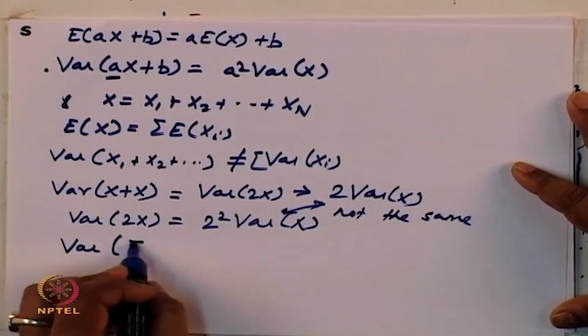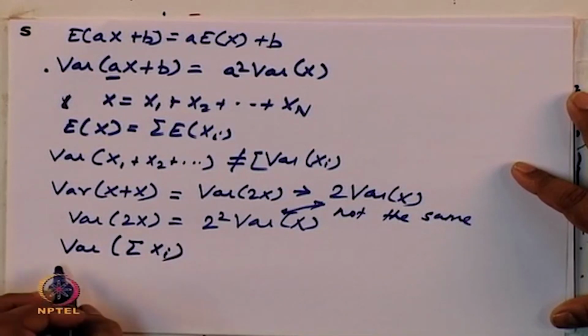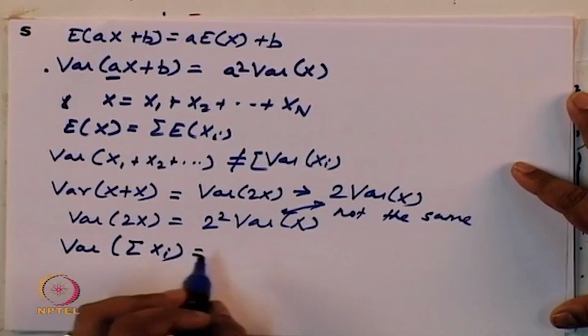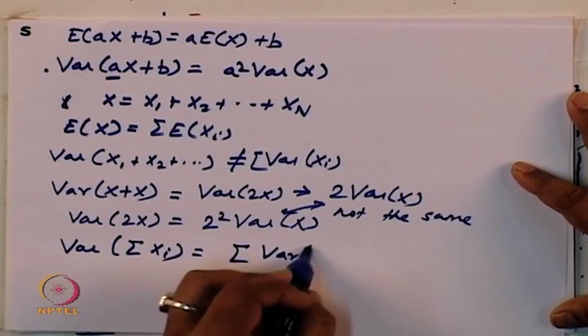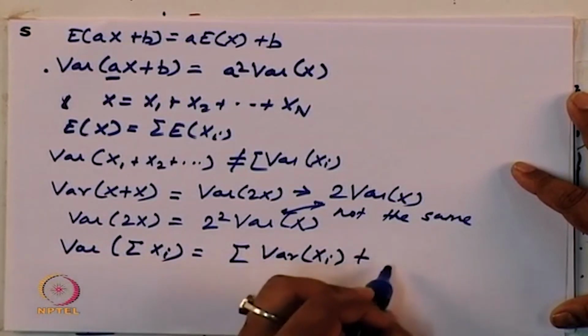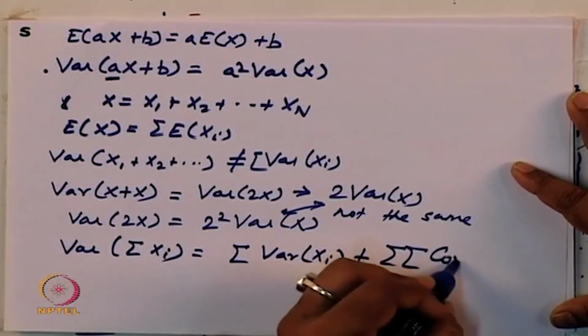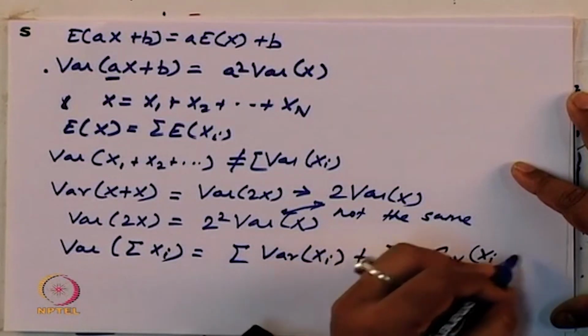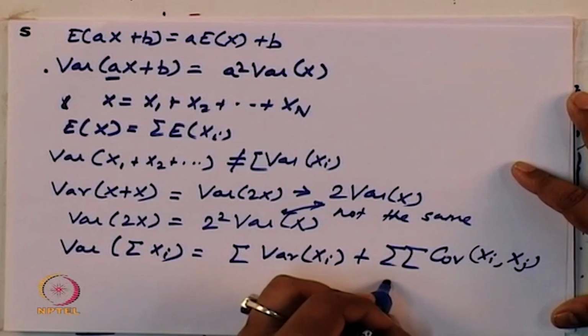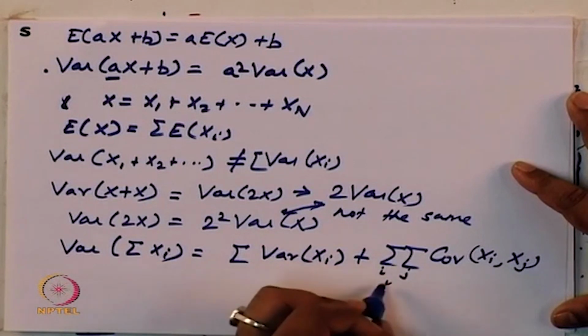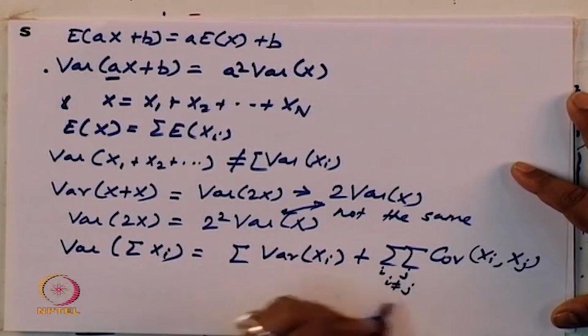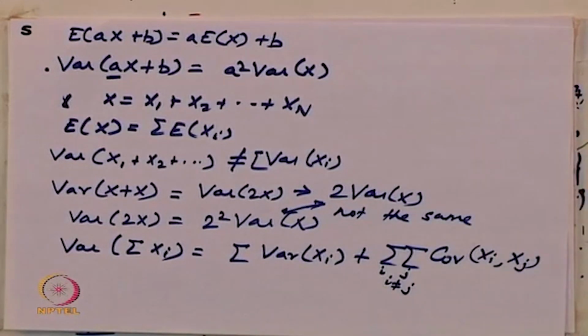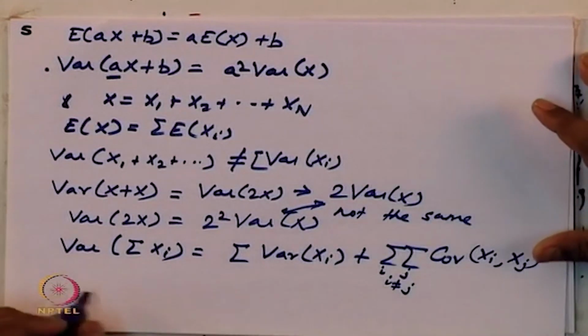You can write variance of summation of xi as summation of variance of xi plus a sum over i and j of covariances, and this expression has to be computed for i not equal to j. So, this is the general case.